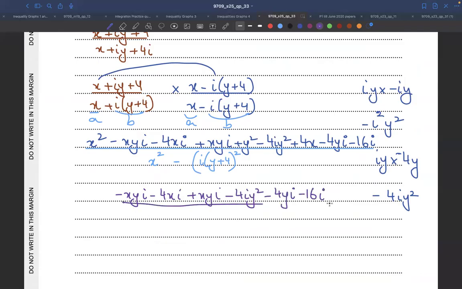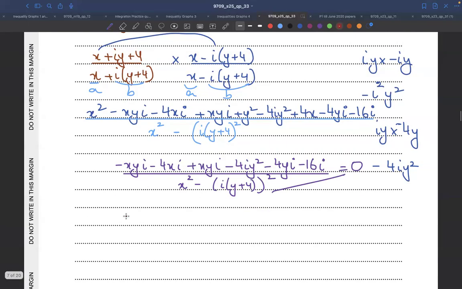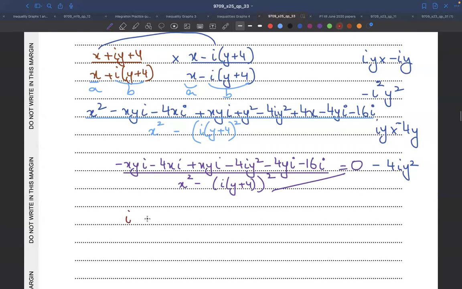And obviously this will be divided by the denominator as well, x squared minus (i(y + 4)) whole squared, and this will be equal to 0. So when I cross multiply, this will be 0 anyway. Now we'll take i common over here and we'll get minus xy minus 4x plus xy minus 4y squared minus 4y minus 16, and this will now be equal to 0.